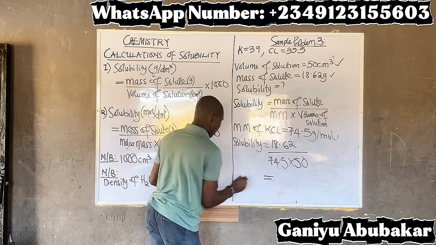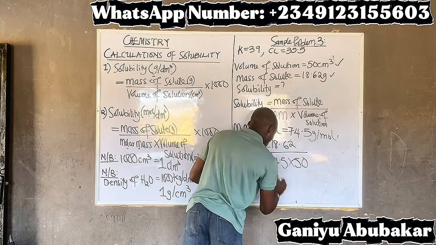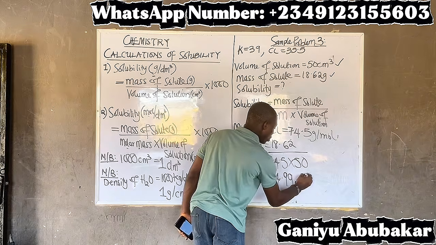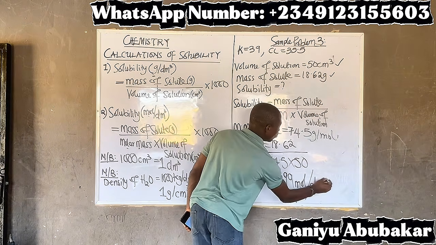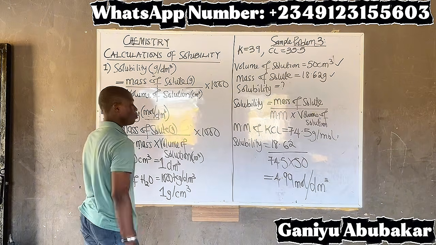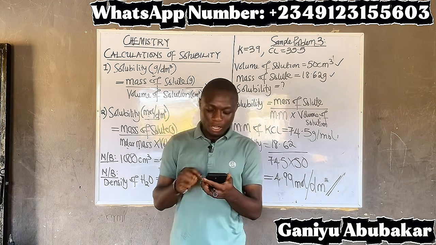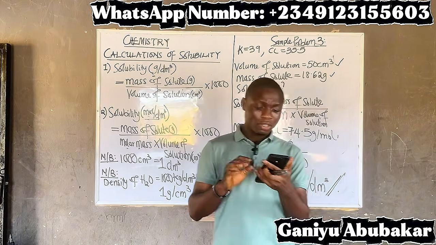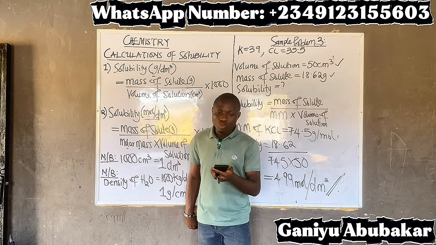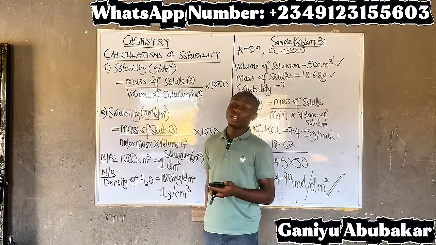So solubility in this case will be equal to 4.99 mole per dm cube. Why am I using mole per dm cube? Because I use this formula and the unit here is mole per dm cube. So this is how you solve sample problem 3 in the study of solubility. In our next class, we'll look at the study of solubility in full detail.